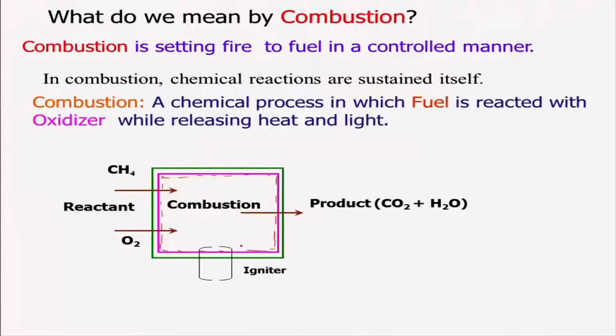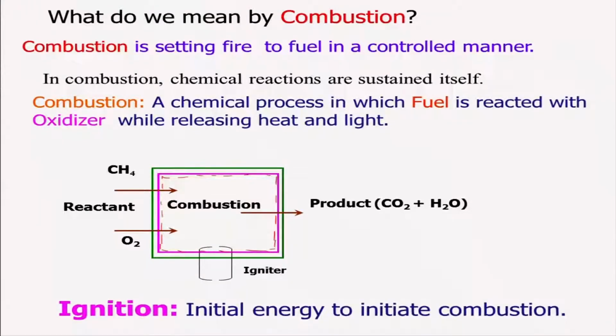Keep in mind there might be several reactions occurring before the methane and oxygen get into the end product carbon dioxide and water, but we are considering only a one-step kind of reaction. And that is very important. You should of course have a sufficient amount of ignition energy for the combustion to take place, or in other words, for initiation of combustion.